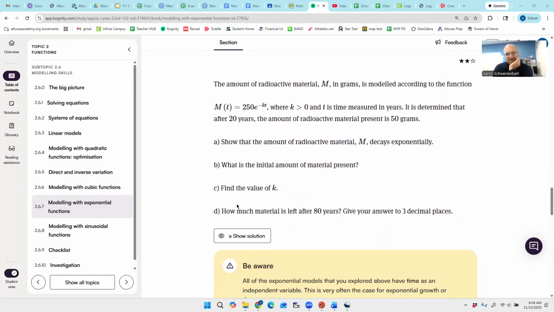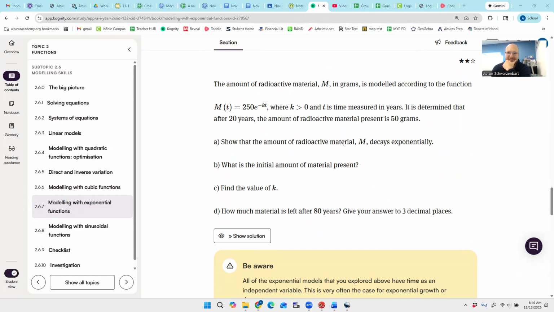Example 3, radioactive decay. This time, instead of a b, we're using e to the negative k. They'll do negative k for decay, positive k for growth. The amount of radioactive material is modeled by this function. It is determined that after 20 years, the amount present is 50 grams.